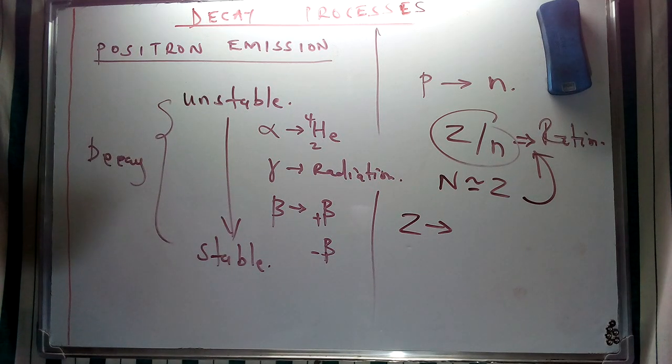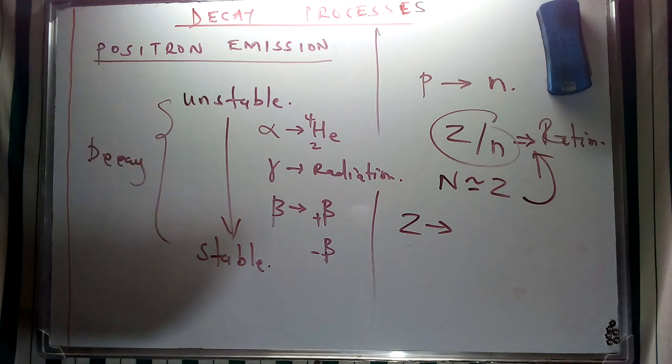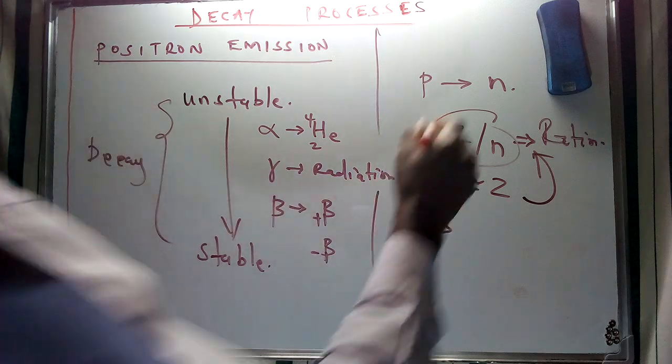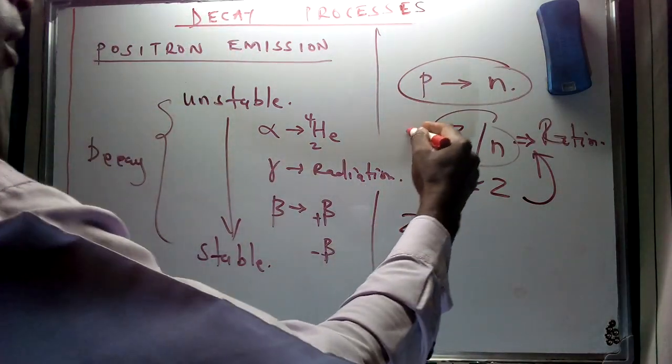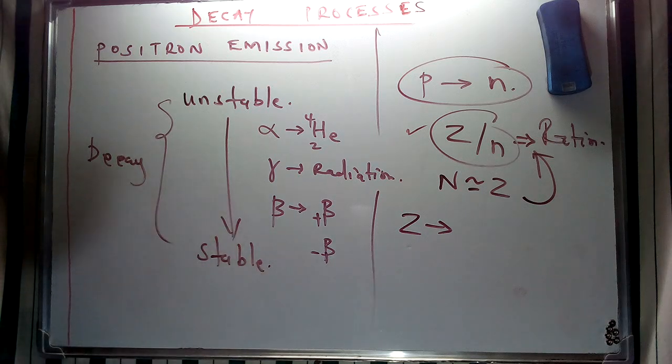Bearing that in mind, this describes the concept of positron emission, whereby a proton is converted into a neutron in order to maintain stability.